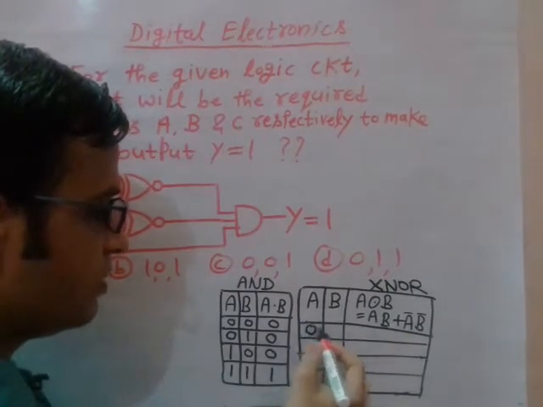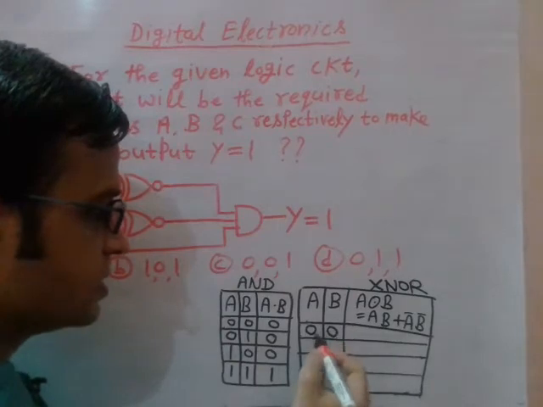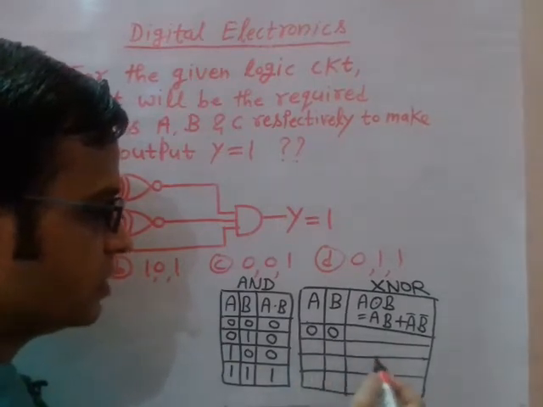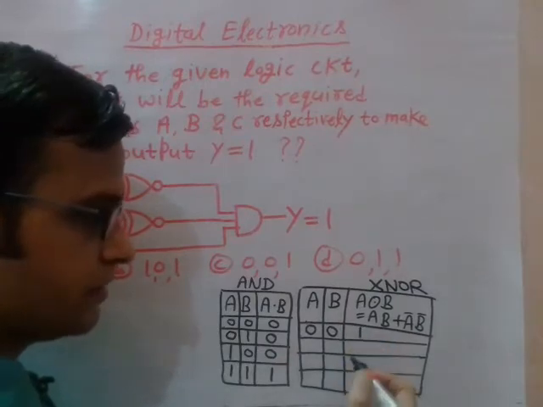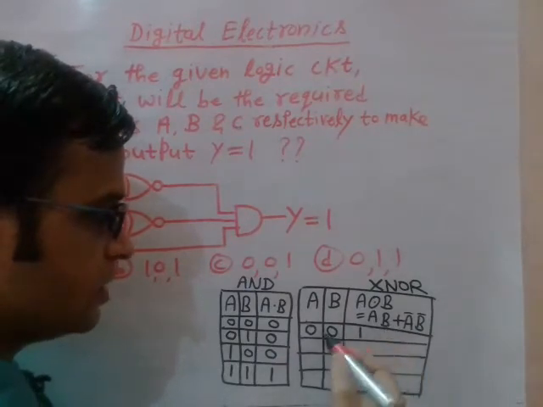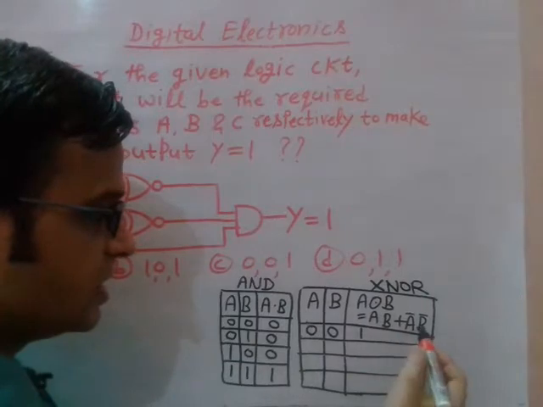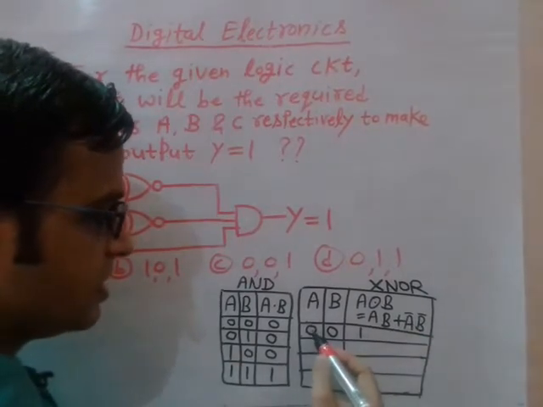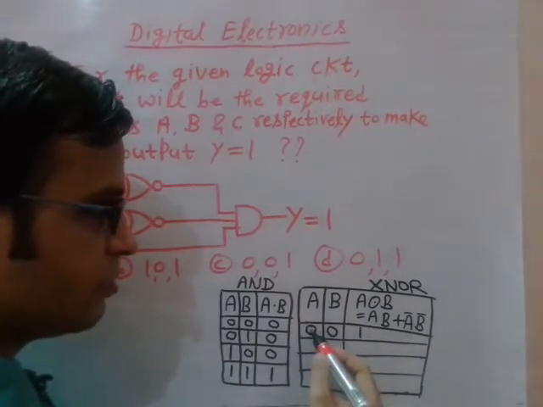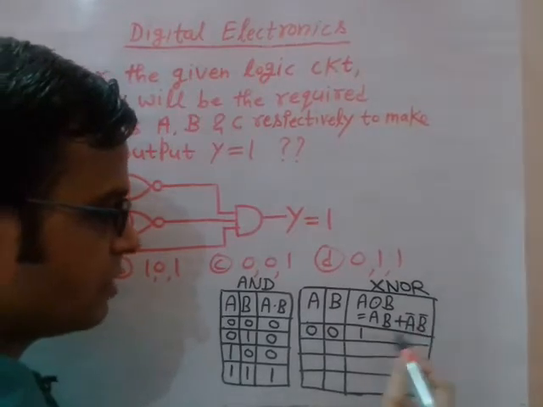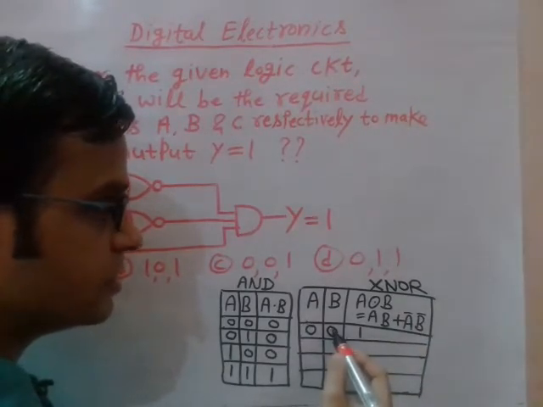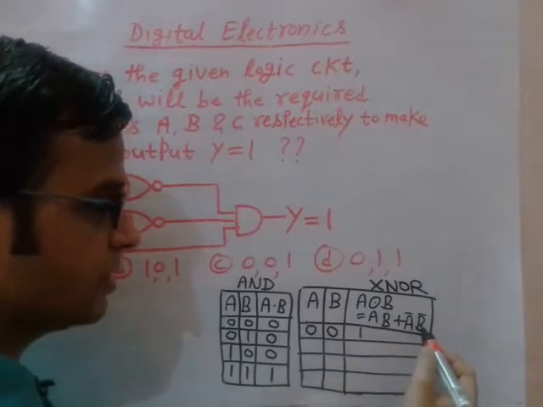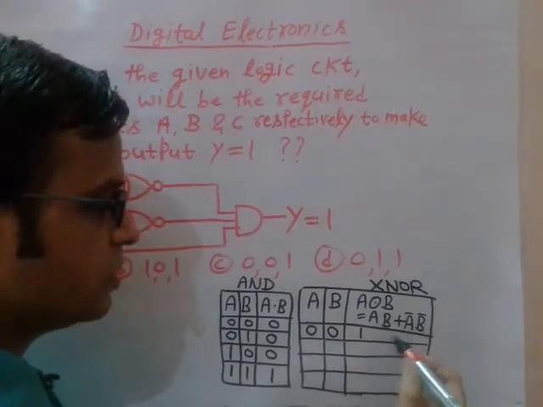If the inputs of XNOR gate are 0 0, if A and B both are 0, then the output of XNOR gate is 1. Put here A dot B, so 0 into 0, plus A bar, the complement of A, that means 0 complement is 1, dot B bar, the complement of B, B is 0 so B bar is 1 here. So 0 plus 1 is equal to 1.